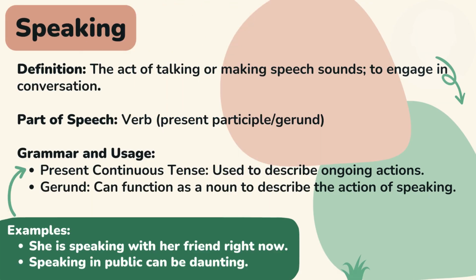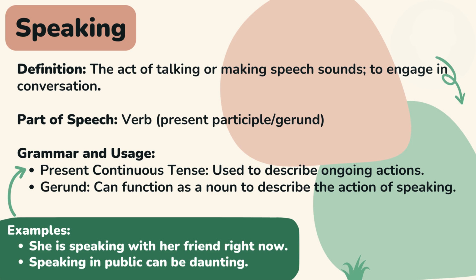Next up, we have speaking. This is the present participle or the gerund form of speak. It's used when you're talking about an ongoing action or when you need a noun for the act of talking. Now remember, it's the present continuous of the word speak.